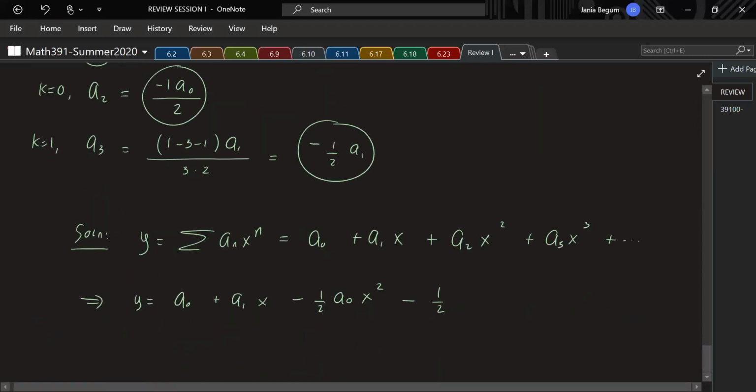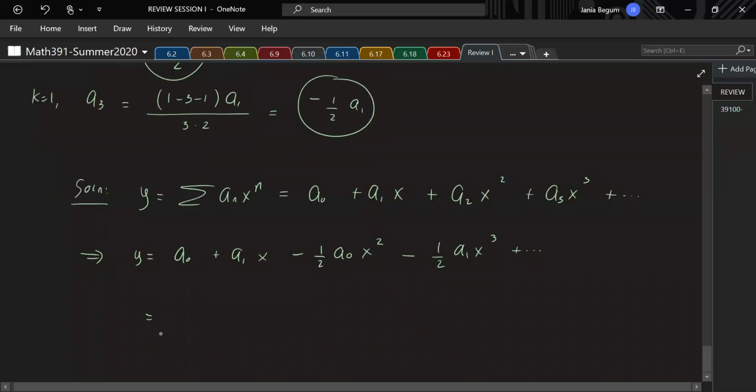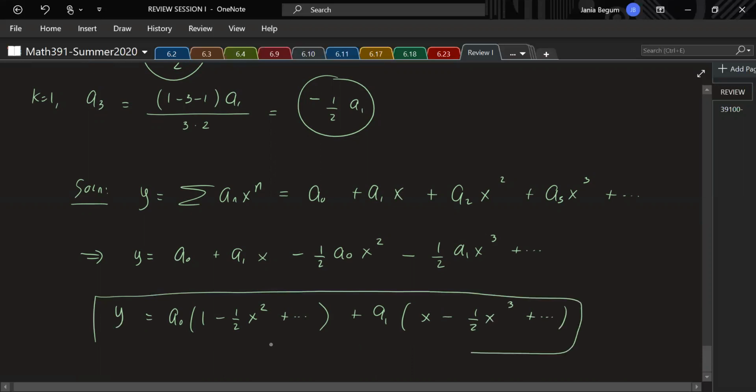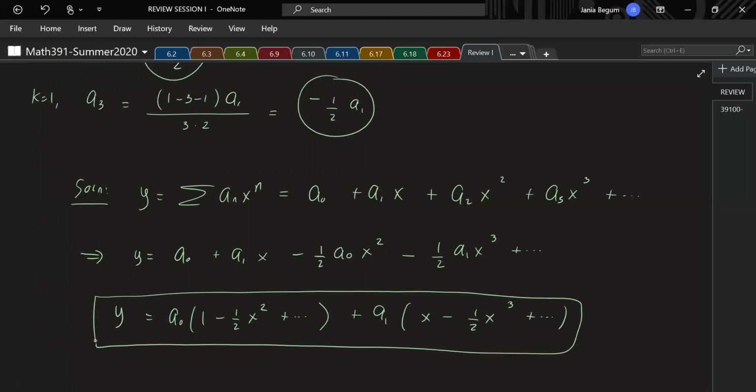They just happen to be that. Then you want to write them as 2 independent solutions. I'll write the terms with a0 and a1: a0 times 1 minus 1/2 x squared plus dot dot dot, plus a1 times x minus 1/2 x cubed and so on. So that would be 2 independent infinite series solutions, another way to represent the solution. And you can think of your a0 and a1 as c1 and c2.